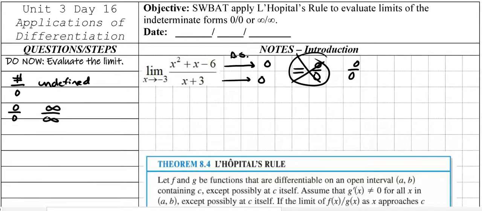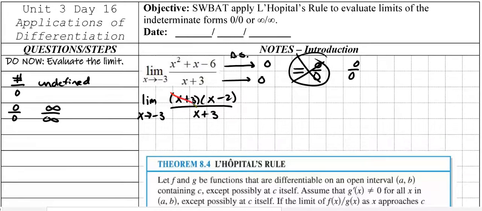But you may have remembered that if we have an indeterminate, we can do some algebraic techniques. In this case, you may have noticed that you can just factor the numerator and the denominator. And you get this new expression.